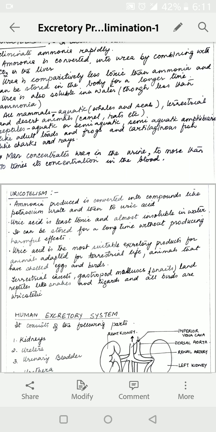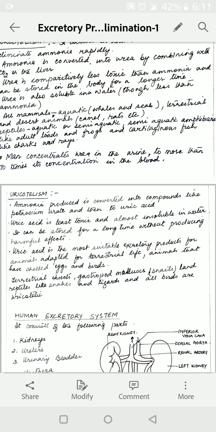So if a shelled egg produced ammonia or urea, these wastes would require a lot of water, and these soluble wastes would accumulate in the egg and become toxic and fatal.